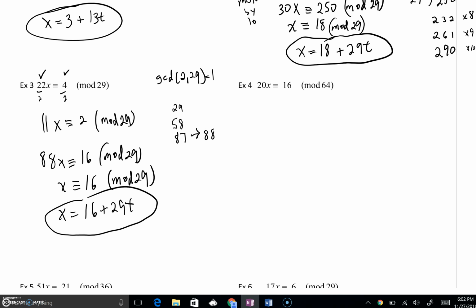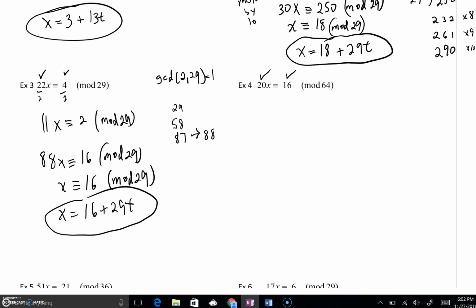Picking up where we left off with the modular arithmetic lesson, let's take a look at example 4. And 20x congruent to 16 mod 64, maybe the most immediate observation kids are going to make is that 20 and 16 are both divisible by 4.